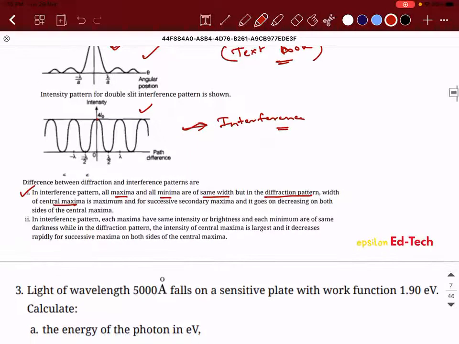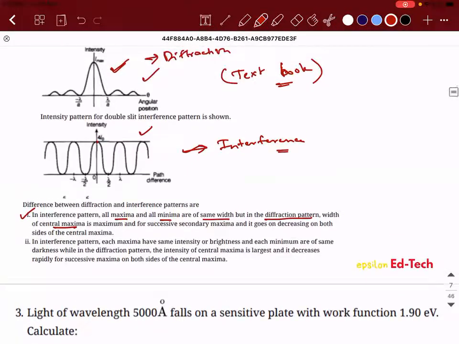Whereas in the case of diffraction, the intensity decreases as you move away from the central maximum, so this height keeps decreasing. So these are the two differences, guys. Clear? If there is any doubt, please stop me.